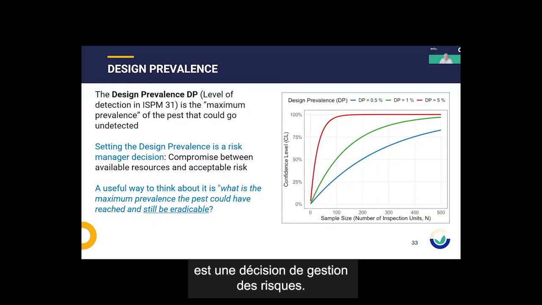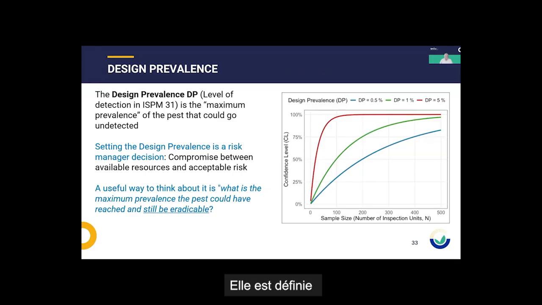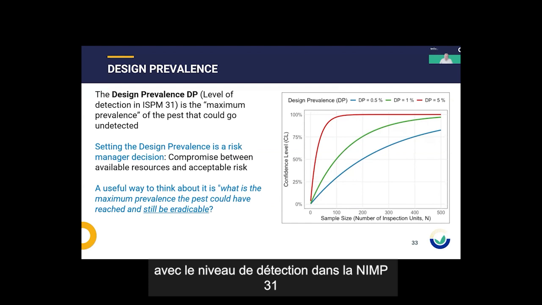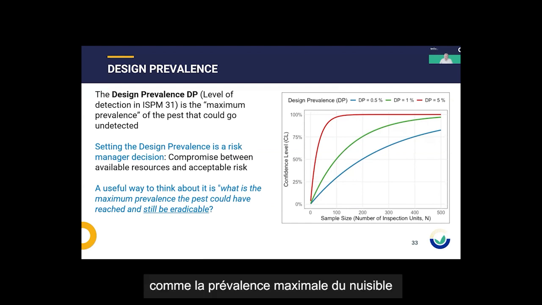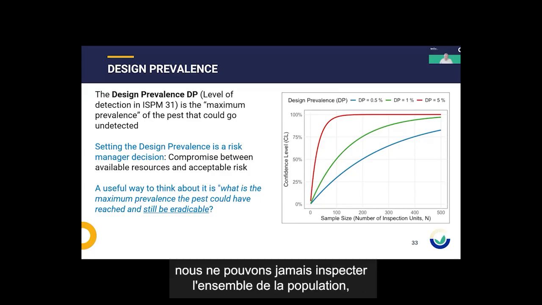So the design prevalence is a risk manager decision. It's defined in the ISPM 31 as the level of detection, the maximum prevalence of the pest that can go undetected in an area. As was discussed before, we can never survey the entire population.